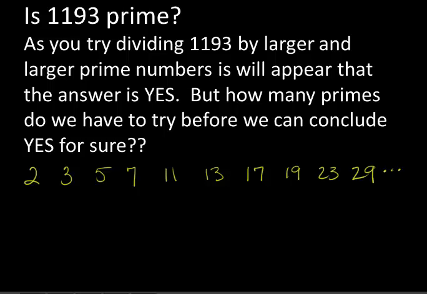So these are all prime numbers. And we want to try dividing 1193 by these primes. Well, 1193 is not even, so we know it's not divisible by 2.